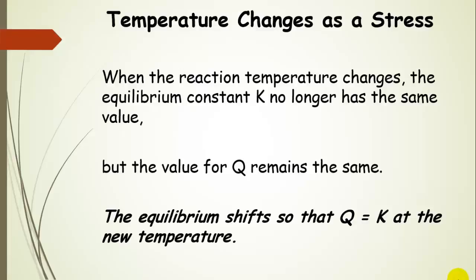And when we change the temperature, thinking back to the Arrhenius equation, that equilibrium constant no longer has the same value. But the value for Q that we calculate for that system remains the same. So the equilibrium is going to shift so that Q is equal to K at the new temperature. So how can we figure that out qualitatively?